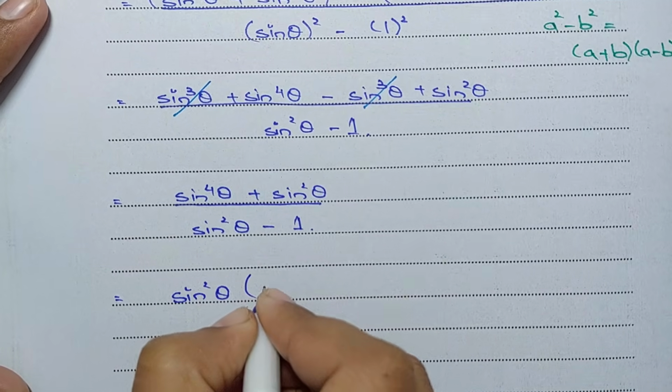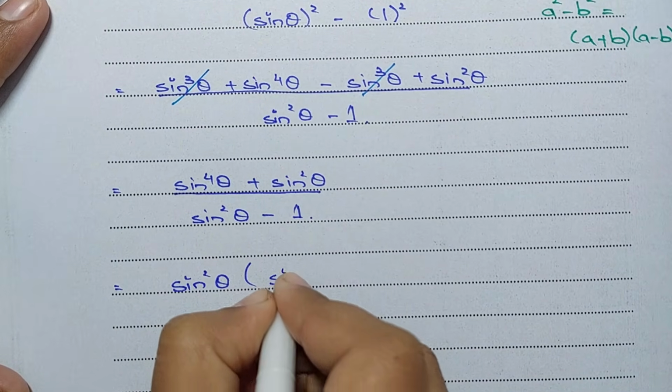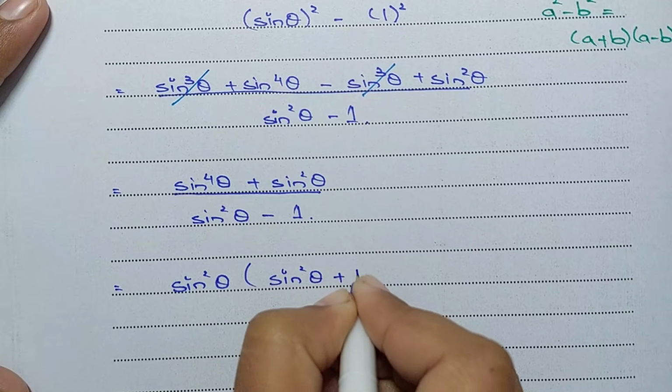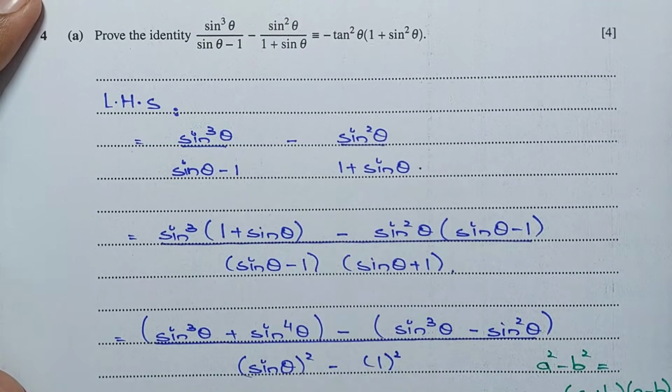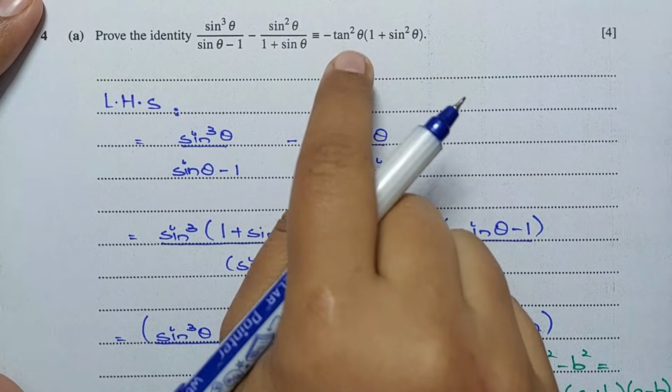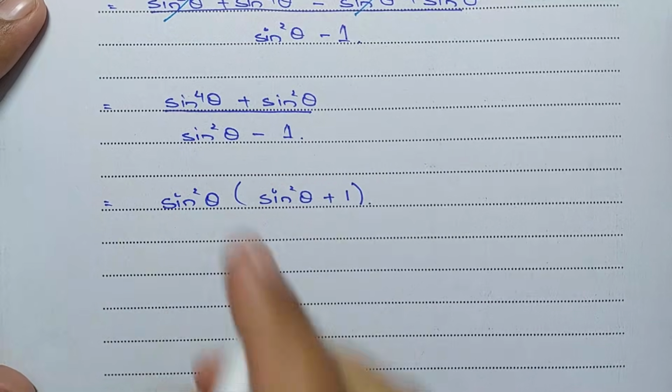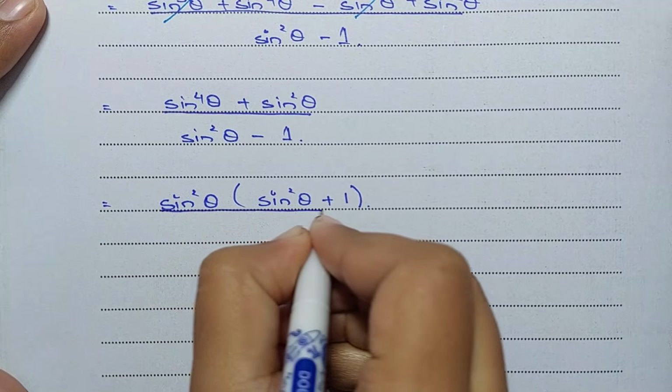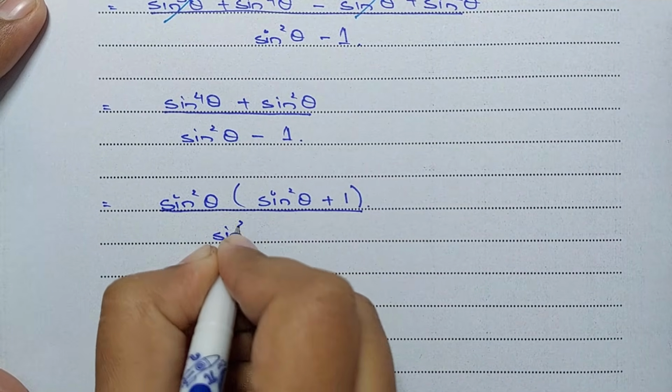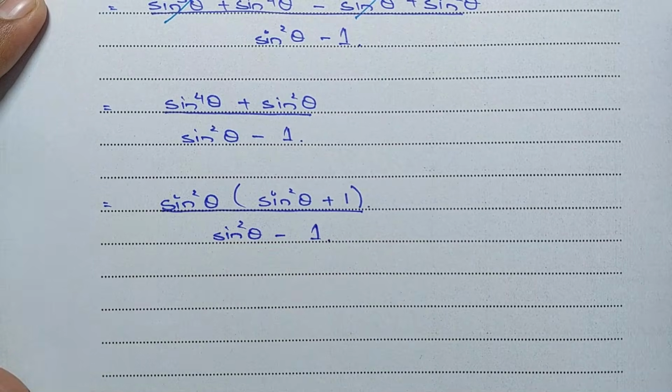When you take sine square theta common, we are left with sine square theta into sine square theta plus 1, divided by sine square theta minus 1.